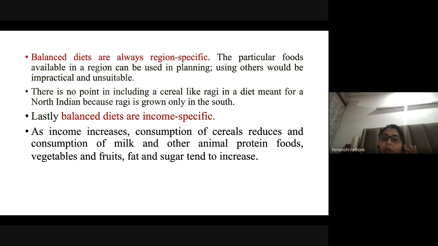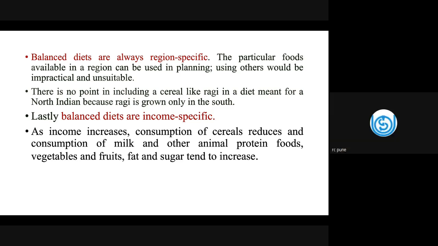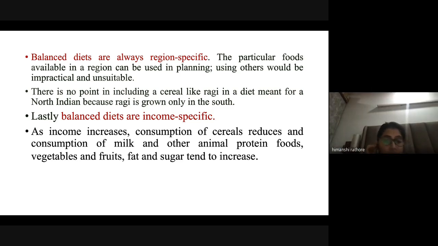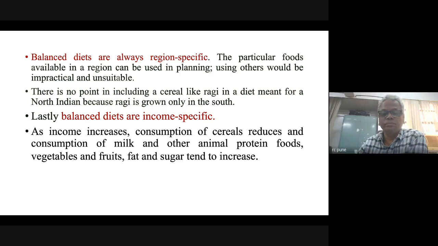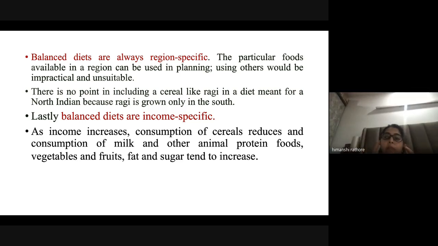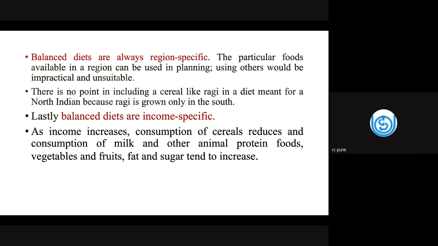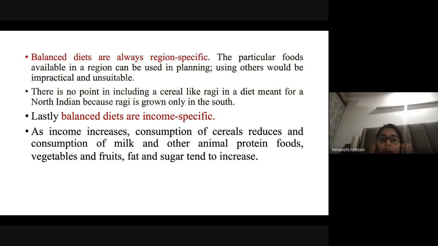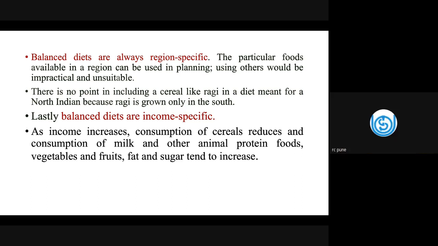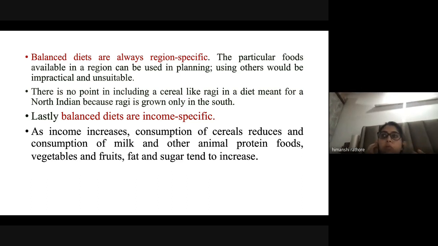Before preparing a meal for an individual, you have to keep these 3 points in your mind. First, the individual: what is the age, what is the sex, what is the activity level. Then region: you have to see where the person is living, which ingredients are available over there. And lastly, what is the income of that person. Will he be able to afford what we are listing in our balanced diet? So these 3 principles are important.